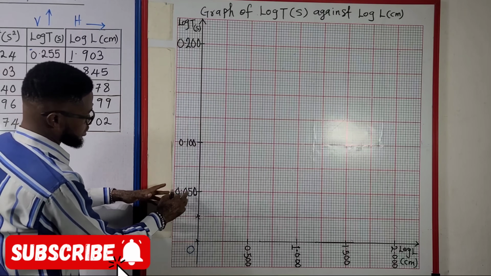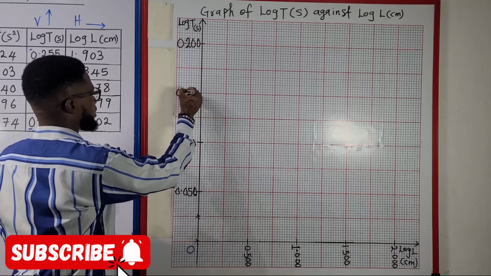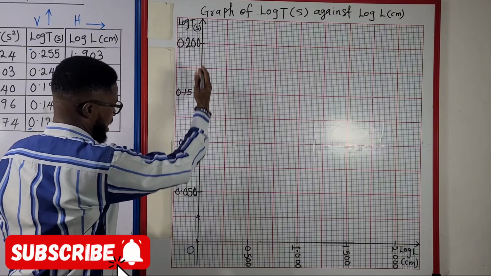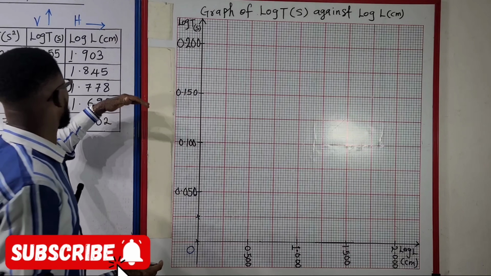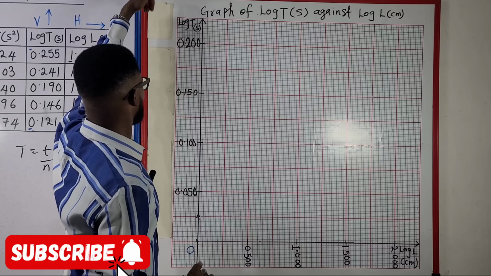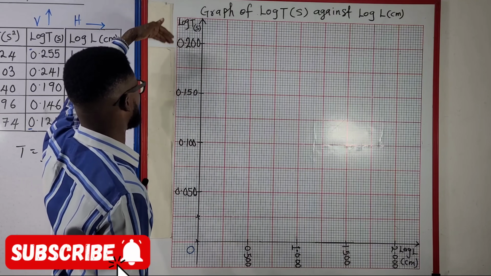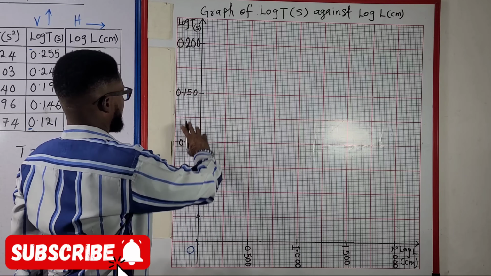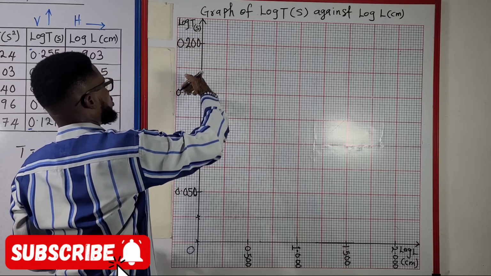Let me also get this completed. This is going to be 0.150, and that's just about it. If you are using a paper graph, you can continue this till you get to 0.2, and the next 2 centimeters is going to be 0.250.